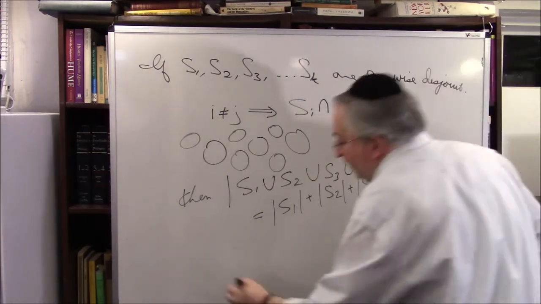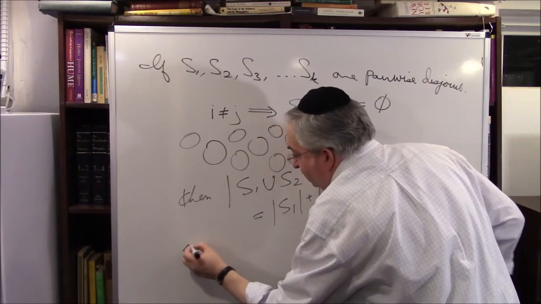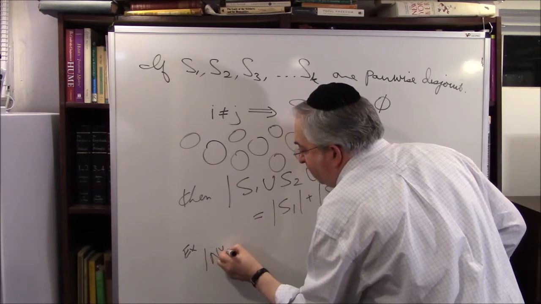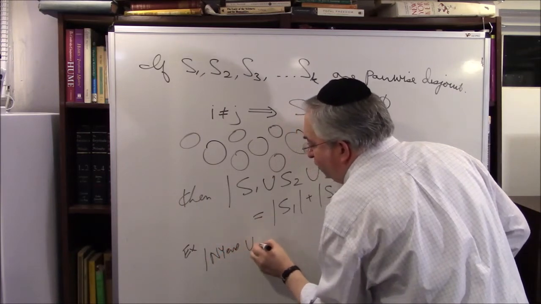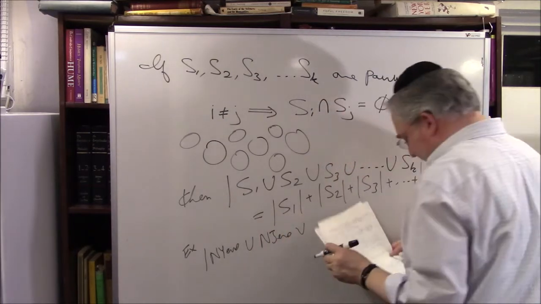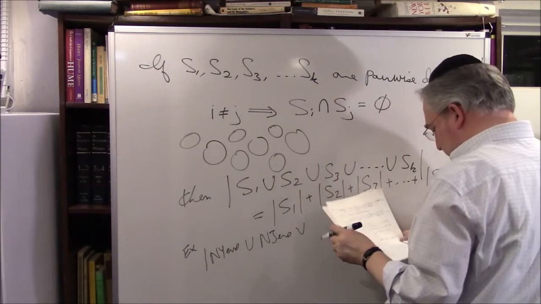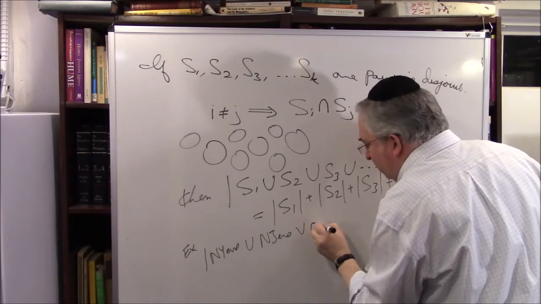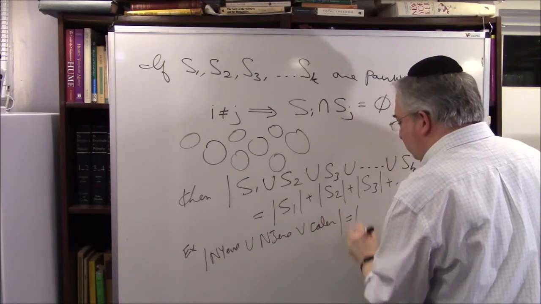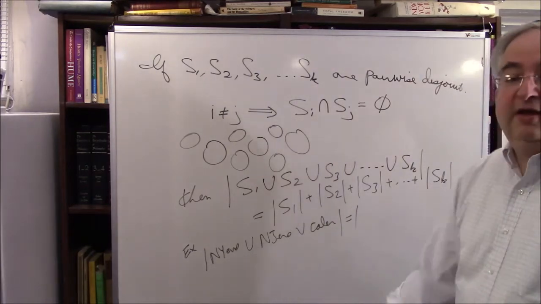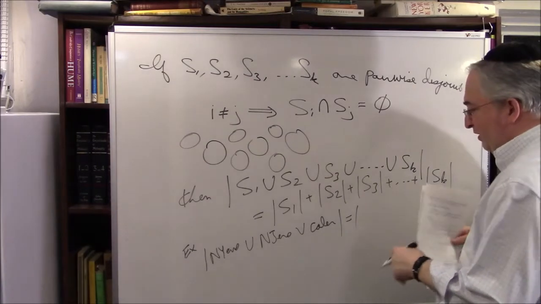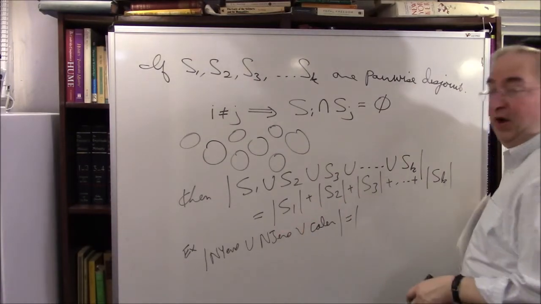So, for example, New Yorkers union New Jerseyers union Californians is equal to, and again, New Yorkers aren't New Jerseyans, and New Jerseyans aren't in California, so these are pairwise disjoint.